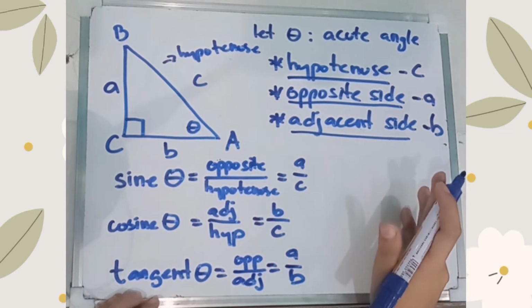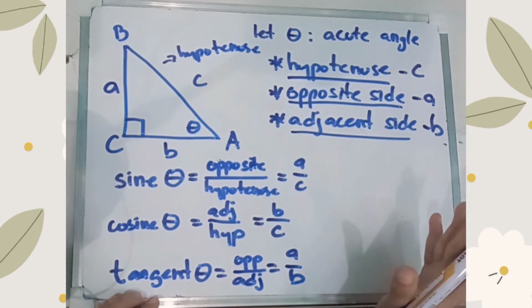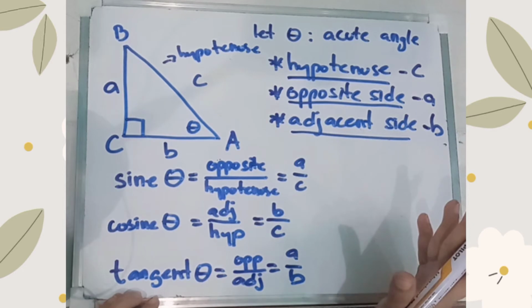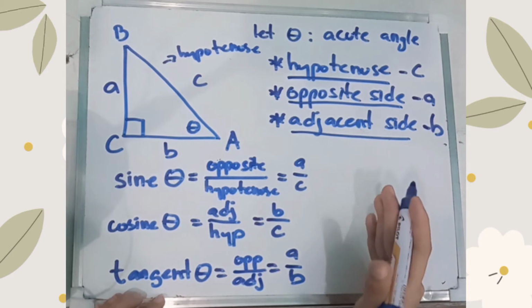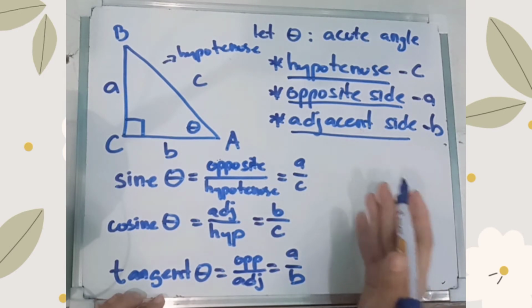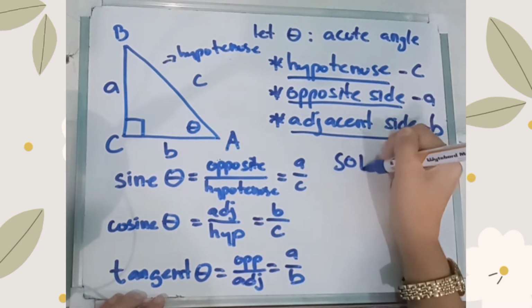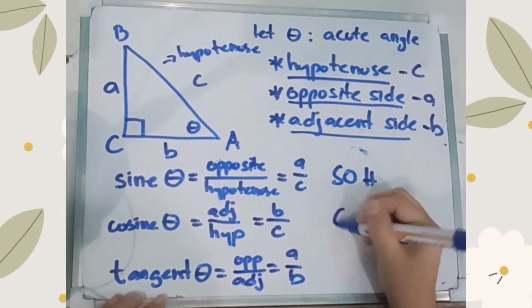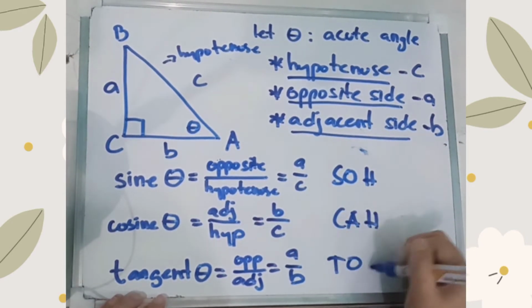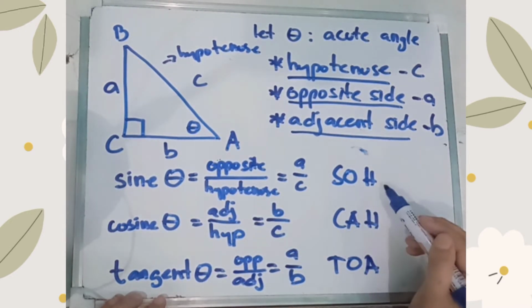I think during your grade 9, your teacher might have told you there is actually a mnemonic for this in order for you to remember the trigonometric ratios easily. For the first three ratios, we have SOHCAHTOA. SOH stands for sine is equal to opposite over hypotenuse.